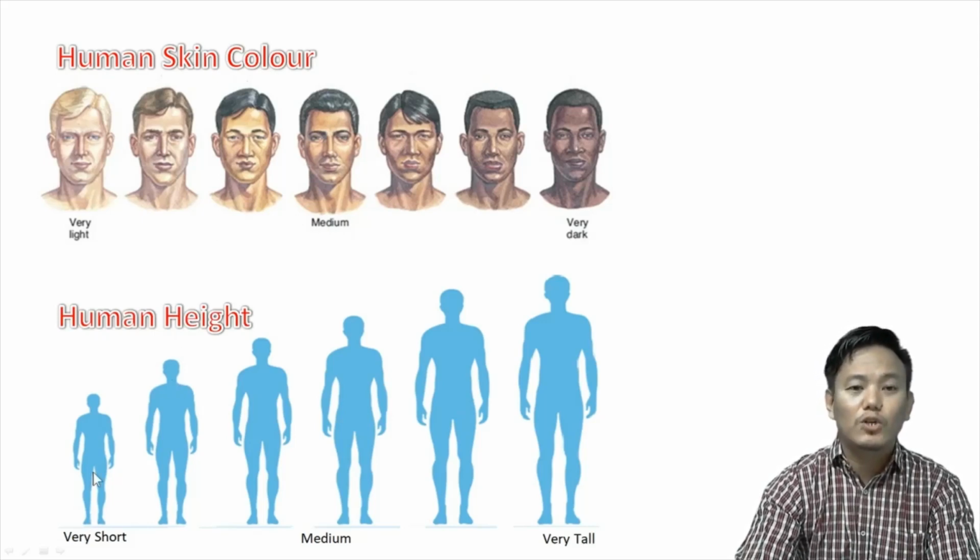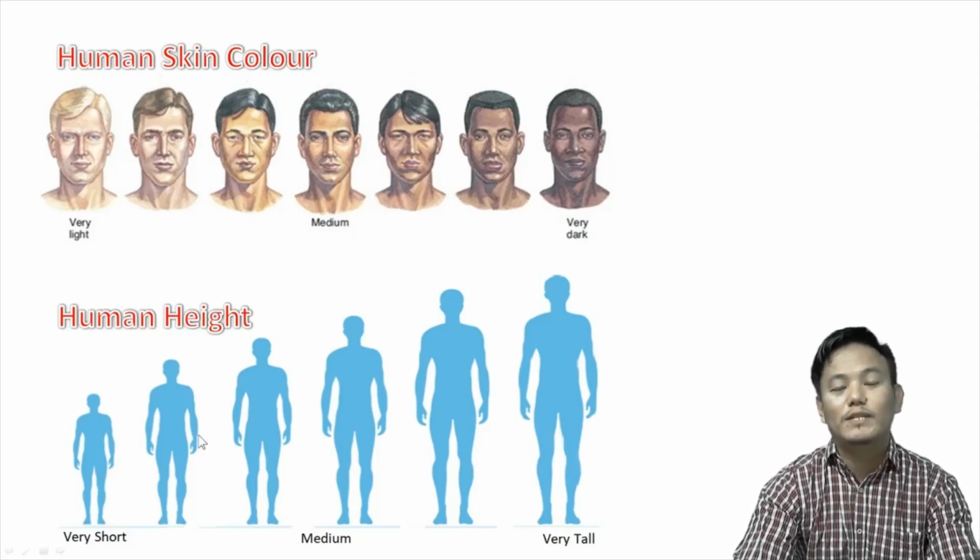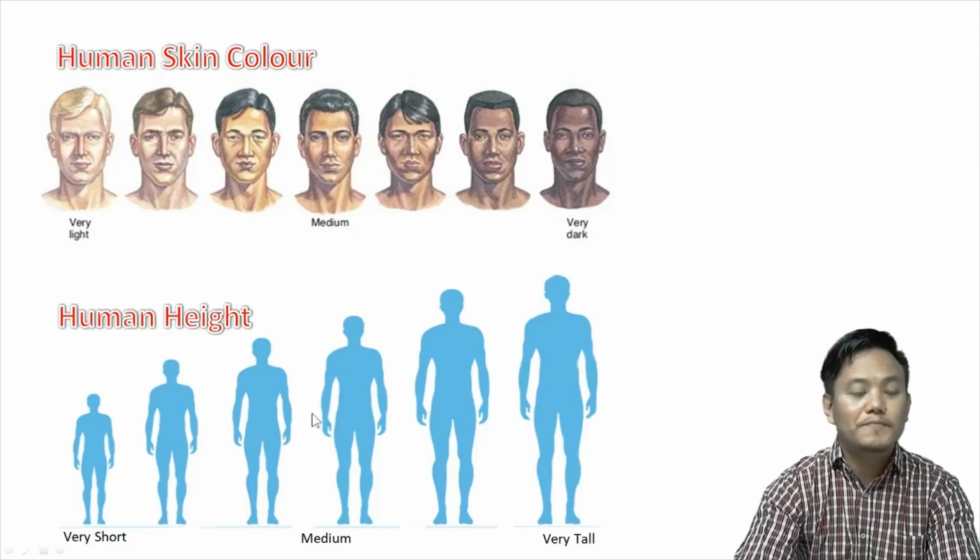There are people who are short, then people a little taller than the short people, medium height people, and then people who are very tall. So human height also shows continuous variation as a character. There are not just 2 contrasting traits like in Mendel's pea plant.